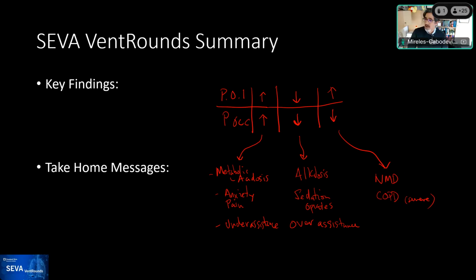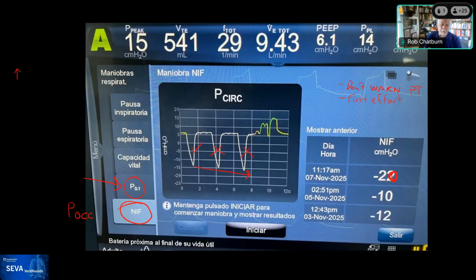Thank you for walking us through this, Roberto. I wanted to point out something that Jorge said on the last slide. On that particular ventilator, you get the POC by looking at the lowest negative pressure, which is under the NIF column apparently. But you have to subtract the peak. So it's the delta, the difference between the highest and the lowest pressures.